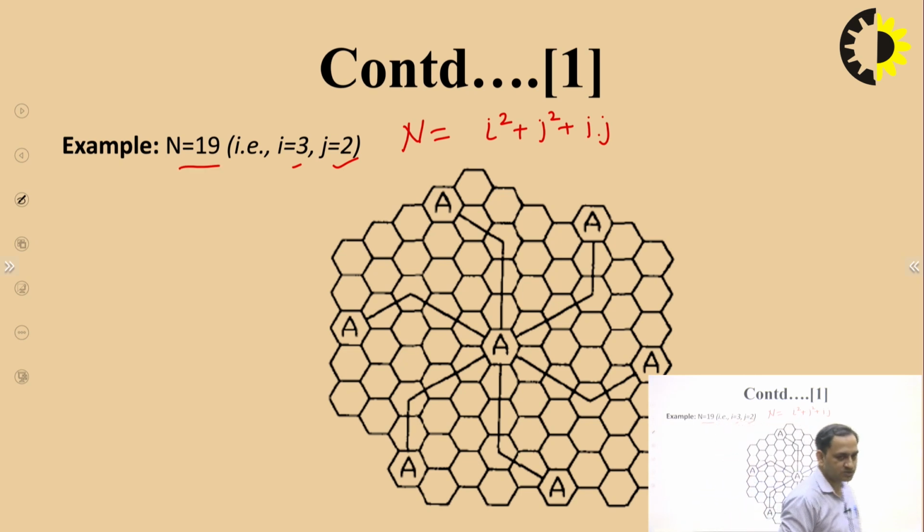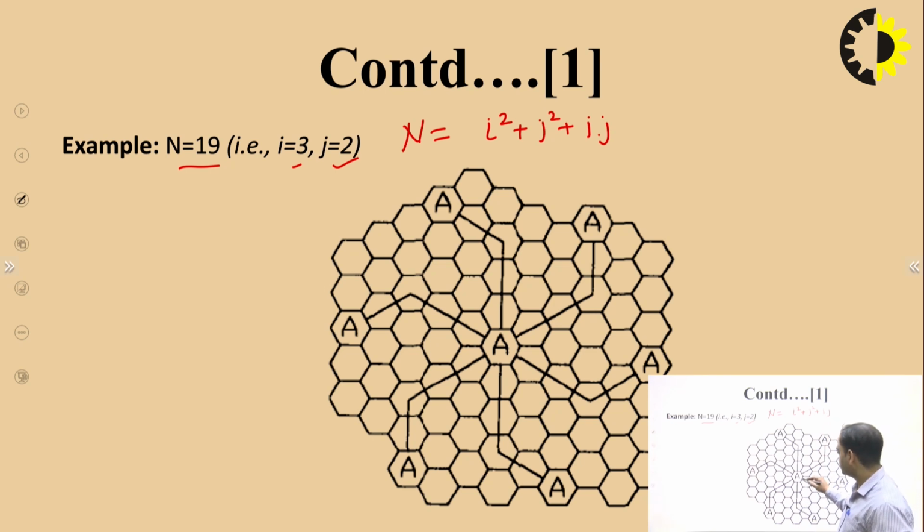So when N is equal to 19, this is one cluster, a cluster of 19 cells. If we count these cells, the cluster size will be N equal to 19. So 19 frequencies are used in different cells in a cluster.